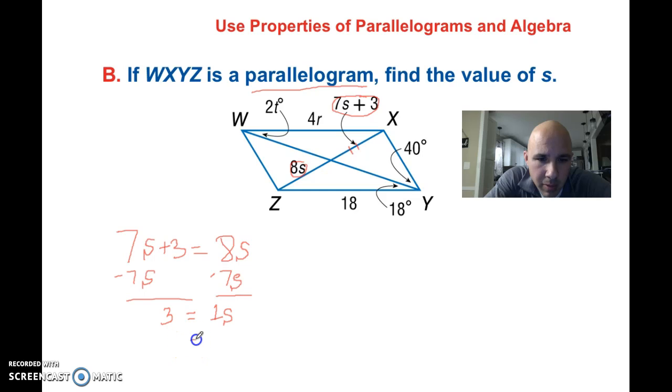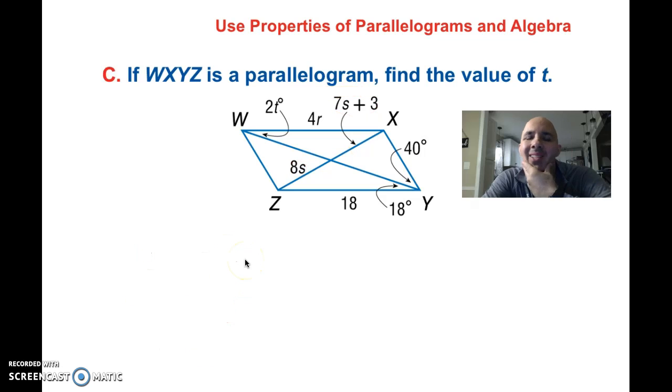And my final answer: I can divide both sides by 1, or I can just say s equals 3. That is it. That's done. I'm using the properties of parallelograms, the property of when the two diagonals bisect each other. It's easy. Let me know if you have any questions.